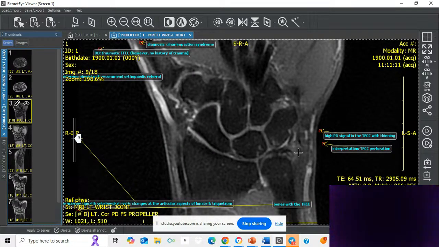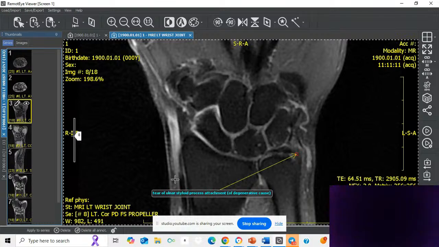What about the ulnar attachment of the triangular fibrocartilage complex? It is disrupted. There is a high proton density signal in the triangular fibrocartilage. Which part?